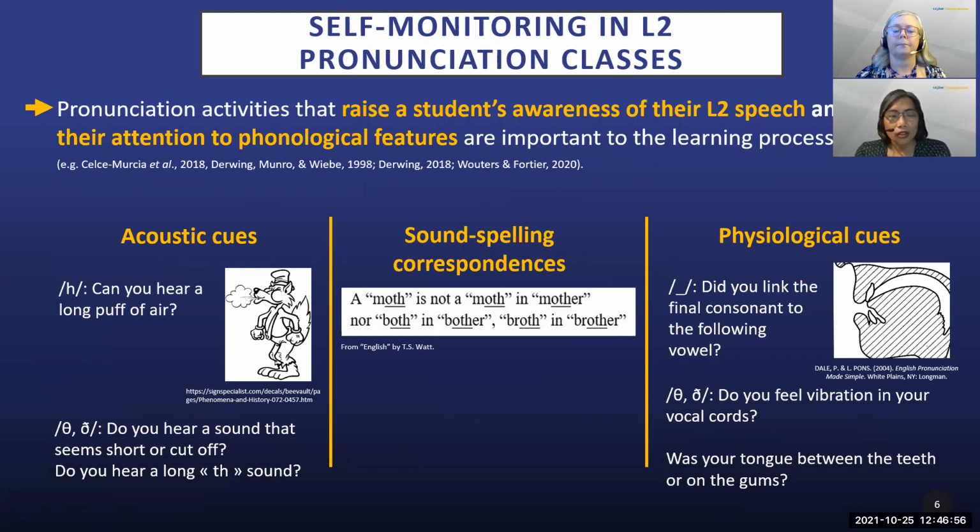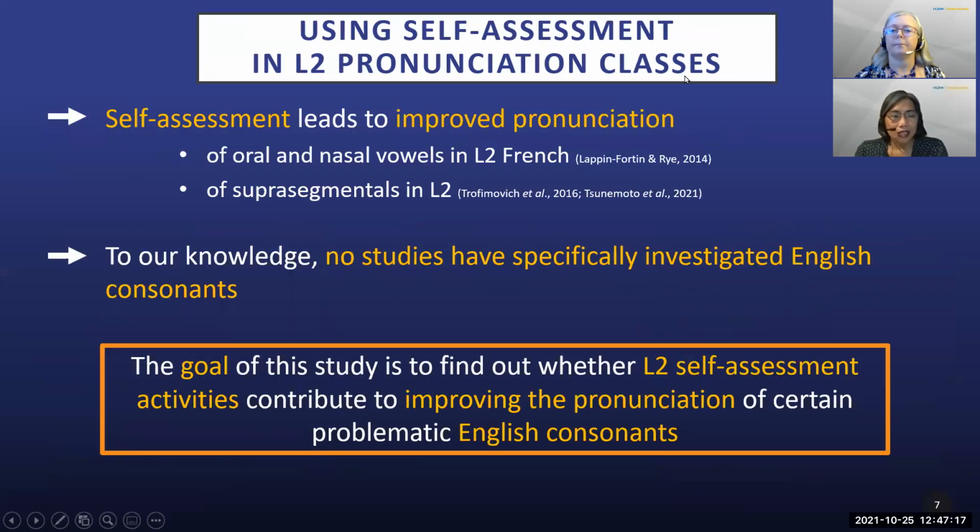Awareness training should also include developing articulatory and perceptual proprioceptive skills, such as gently feeling the tongue between the teeth for the TH sound, but most importantly, attending to acoustic cues, such as producing a stream of air for the H sound and listening for that aspect during performance. Studies on self-assessment have shown improvement on vowels and on suprasegmentals, so our goal in the present study is to determine if self-assessment can improve the pronunciation of English consonants.